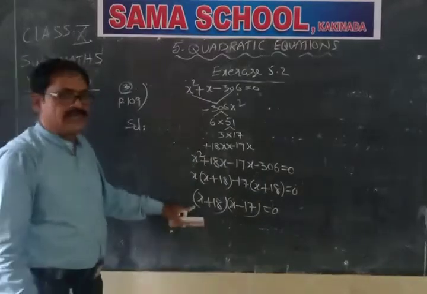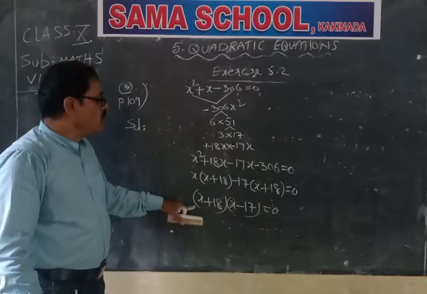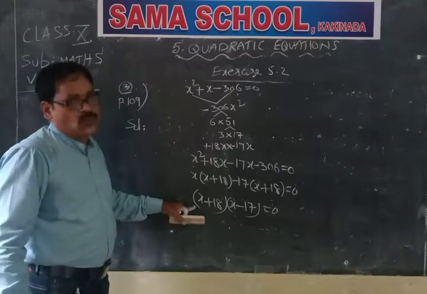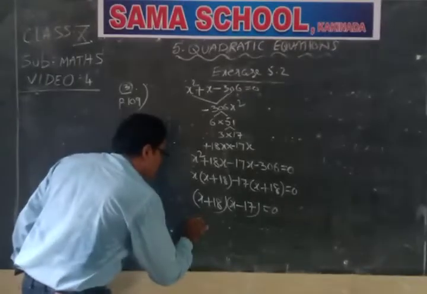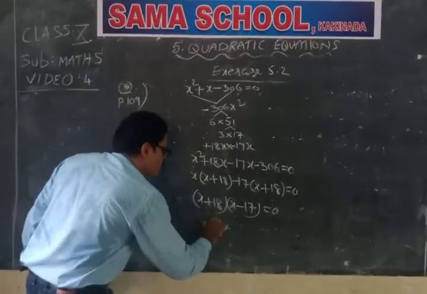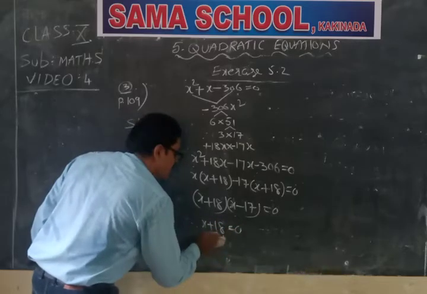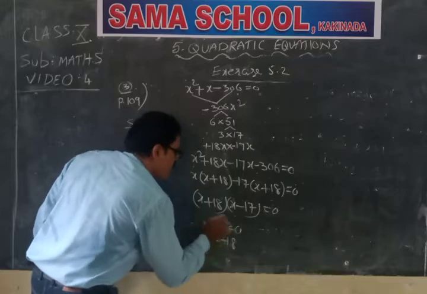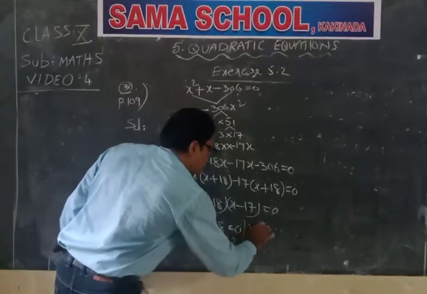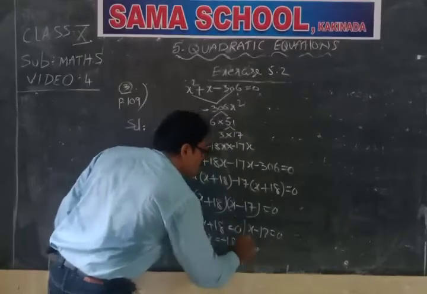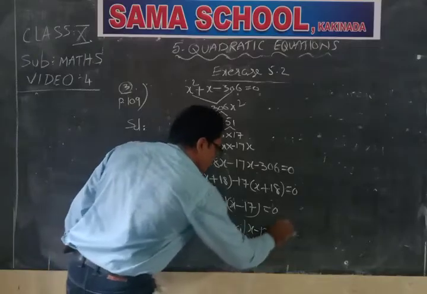Now each linear factor is equal to 0. What do we get? x plus 18 is equal to 0, x is equal to minus 18. And x minus 17 is equal to 0, x is equal to 17.